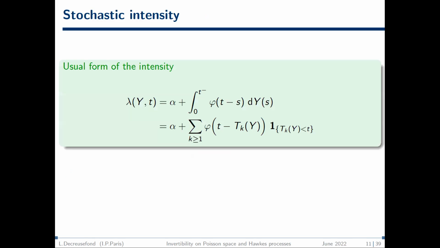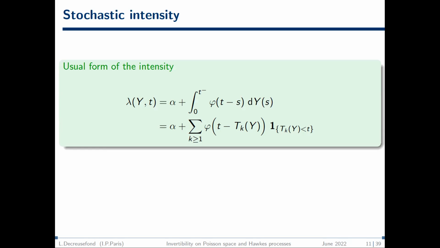And the usual form of the intensity, which is considered in the literature, is, as François said, some constant plus this sort of convolution between the function phi, which is deterministic, and y, which is the process under consideration.